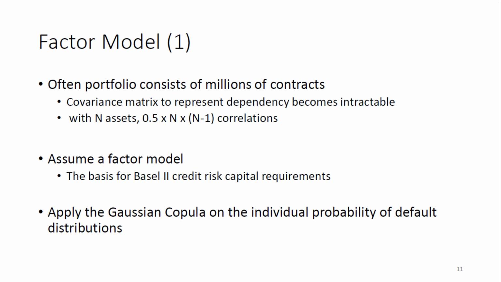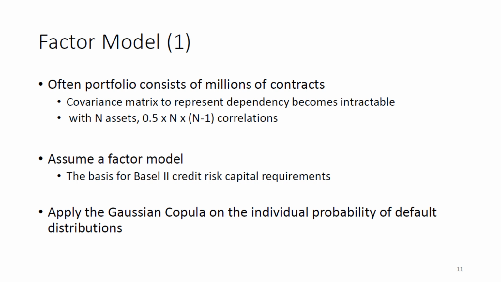Instead, this is simply the basis that you require to build up to the Vasicek model that's used for capital requirements calculation for loan portfolios of banks. And the second element that I need to get to the Vasicek model is a factor model.